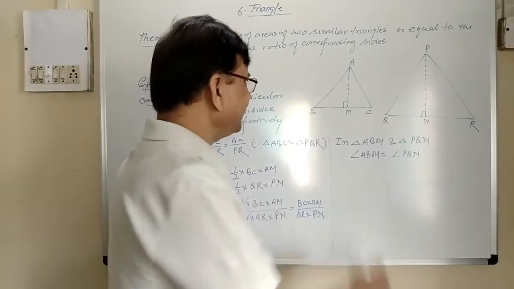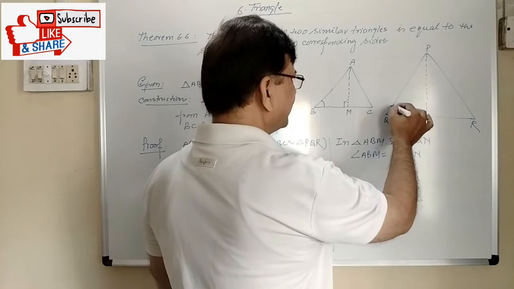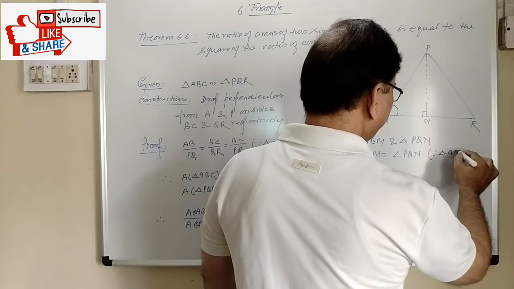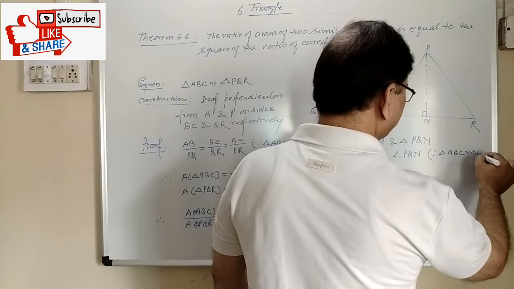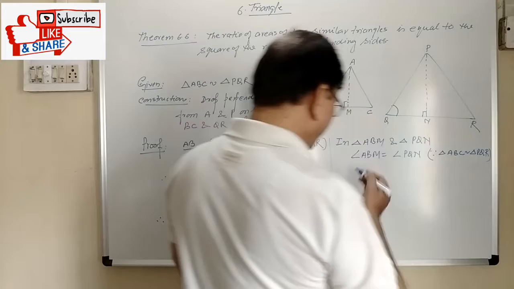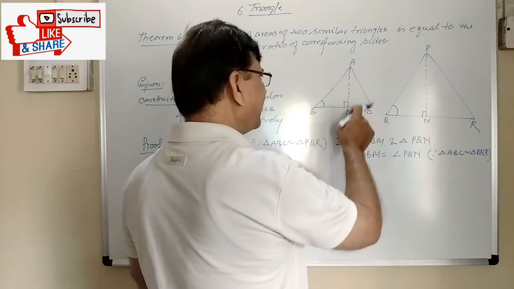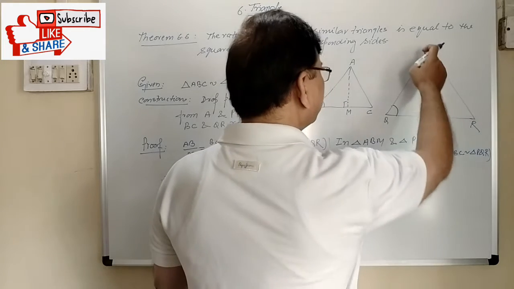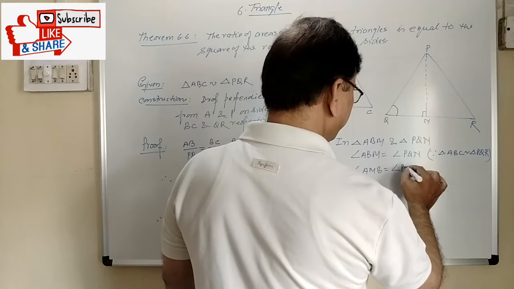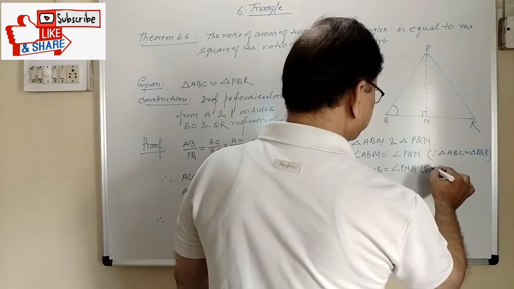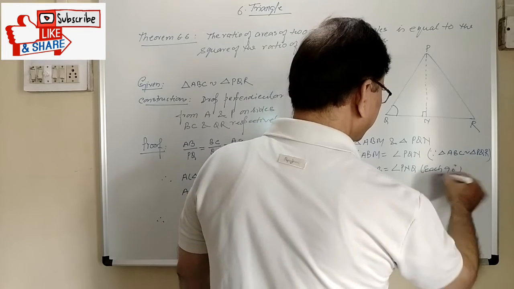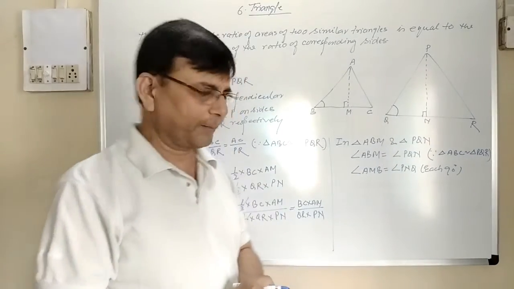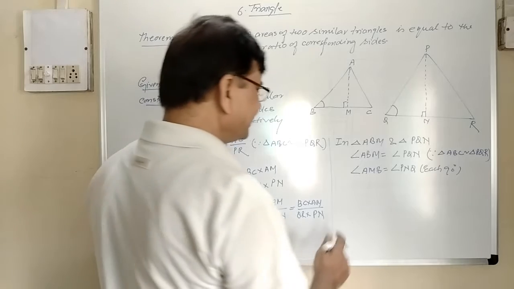So corresponding angle B is equal to Q. And angle AMB is equal to angle PNQ, each 90 degrees. Means in these two triangles, two corresponding angles are equal. Therefore, these two triangles will be similar.